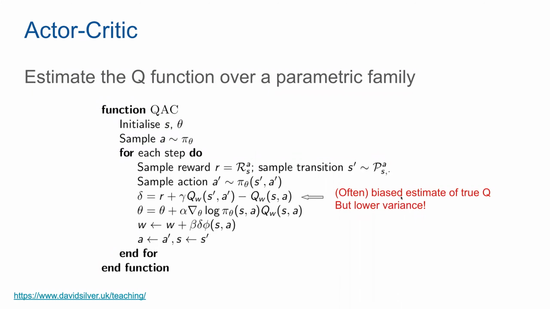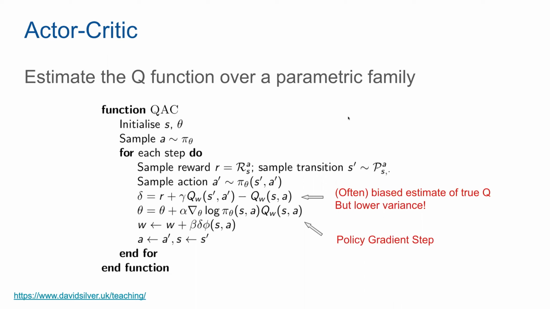So what that means is that this is now no longer an unbiased estimate, or typically not an unbiased estimate, of the true Q value, but it has much, much lower variance. So we get this bias-variance trade-off that happens in this particular case.